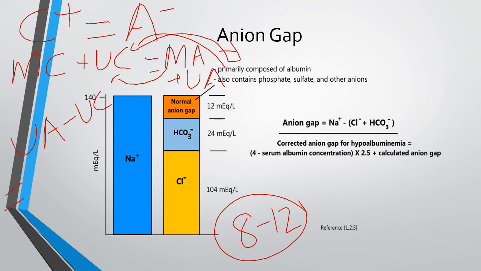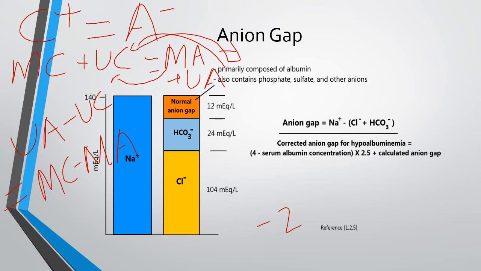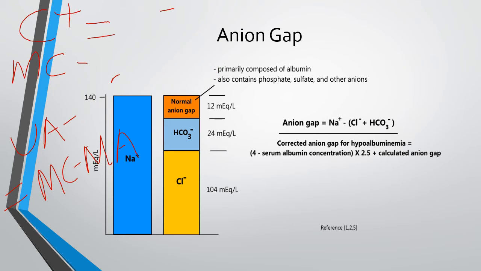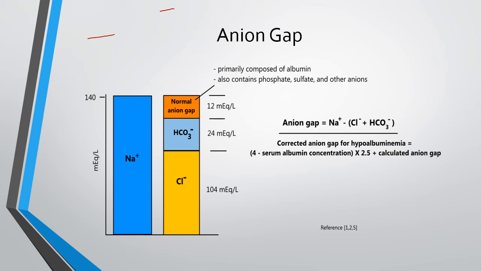So it is equal to measured cations minus measured anions. So what is anion gap? It is measured cations minus measured anions.